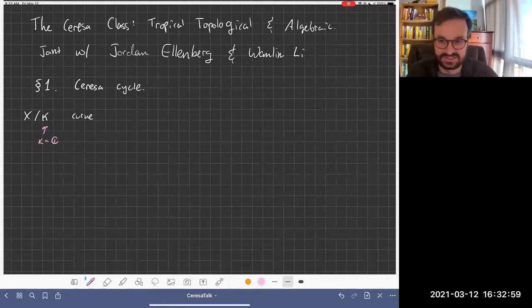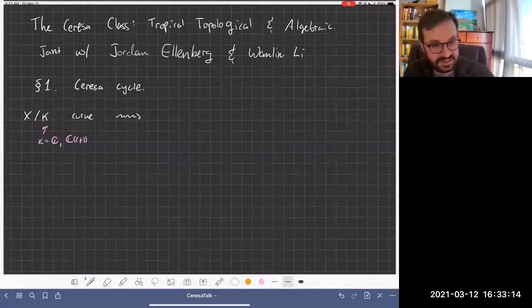And soon we'll change this to C double parentheses T. To this algebraic curve, we can define an algebraic cycle.